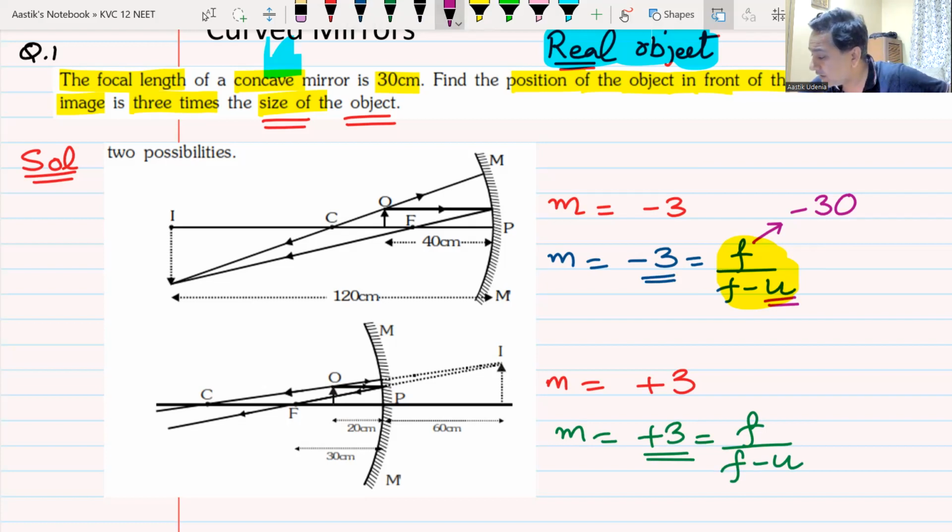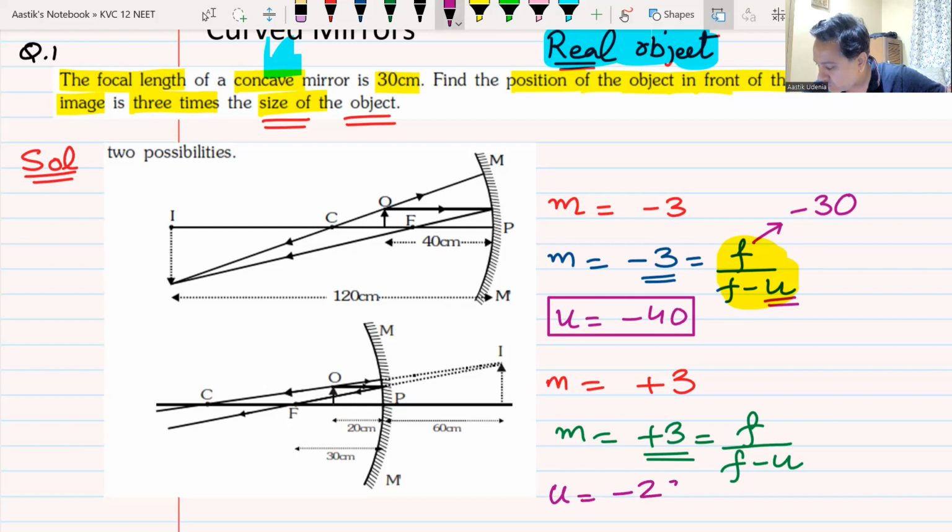If I've done my calculation correct, u in this case is coming as -40. Can anyone confirm it? And u in the other case is coming as -20. Can anyone confirm the answers, please, for me? Are these the answers coming?